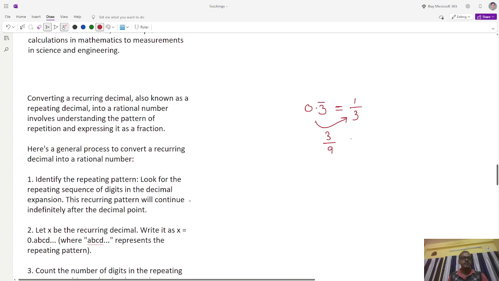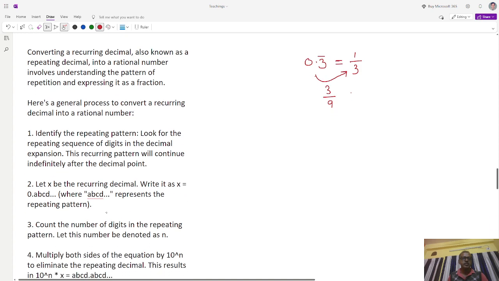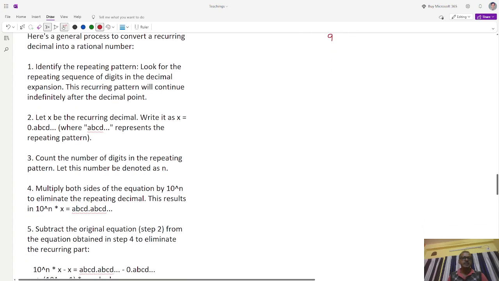Here is a general process to convert a recurring decimal into a rational number. Identify the repeating pattern. Look for the repeating sequence of digits in the decimal expansion. This recurring pattern will continue indefinitely after the decimal point. Let x be the recurring decimal.